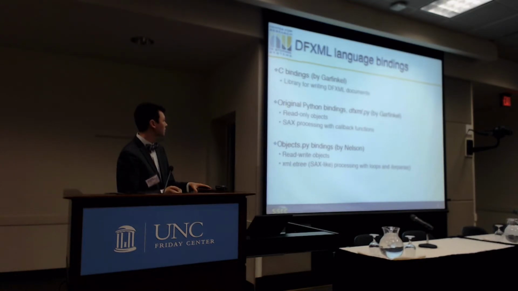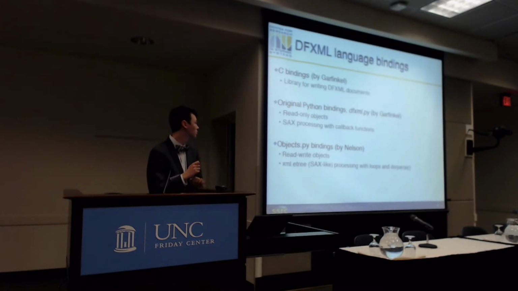He also wrote an original set of Python bindings called dfxml.py. It would let you read the file system objects, but wouldn't let you manipulate them because of how it was storing the data structures. And it also had you chop up your code into callback functions and run it on the behind-the-scenes hidden stacks interface.